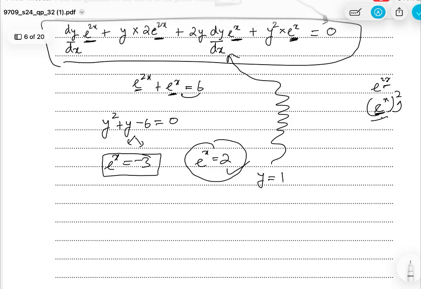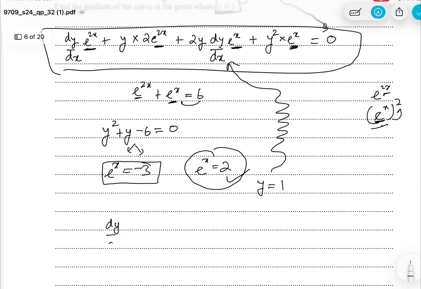And we will get dy over dx times e to the power 2x. If e to the power x is 2, what would be e to the power 2x? Square of 2, that is 4. Yes or no? So dy over dx times 4, plus 1 into 2 times 4, that would be 8, plus 2 times 1 is 2, times 2 is 4.